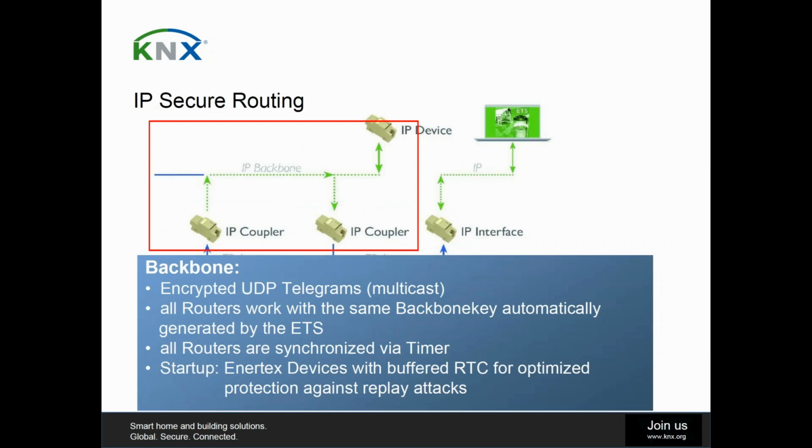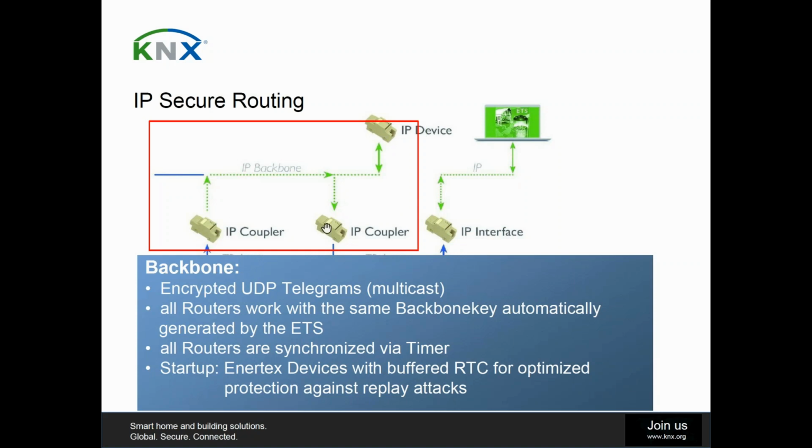Yeah, as I told you, the backbone is encrypted, and what we have here is the multicast. That means that our routers must communicate with UDP, as I told you in the beginning of that presentation, where I said that on the LAN telegrams we need multicasts, which means that only UDP communication is possible. Yeah, we have routing with UDP only, and that means if we want to have multicast in routing, then we need UDP.